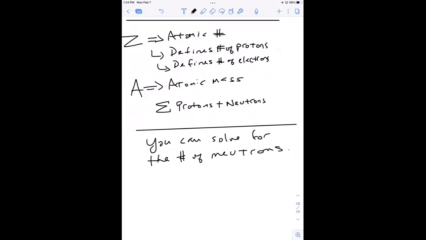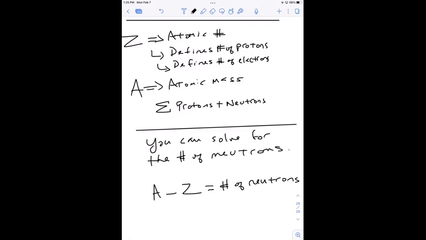Anytime you have the atomic mass, you can subtract the atomic number from it, and that'll give you the number of neutrons. So you can always solve for the number of neutrons. All right, any questions? All these are just definitions.